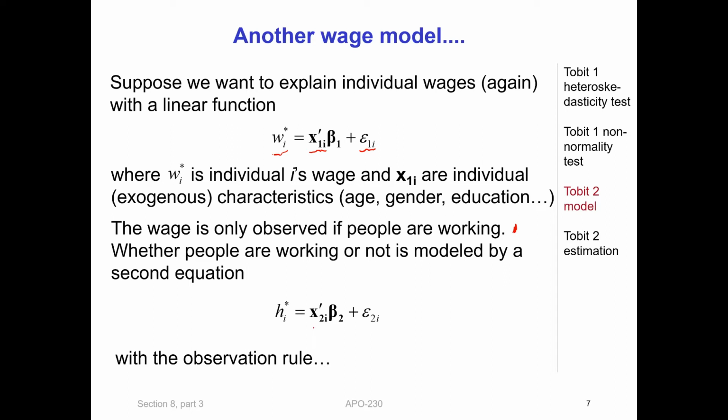Different in the sense that we have a different set of explanatory variables, x_2i prime here, to distinguish it from x_1i prime up there. And then we also have a second stochastic component, the second error term, with all unobservable characteristics of the person, which determines if he or she works or does not work.